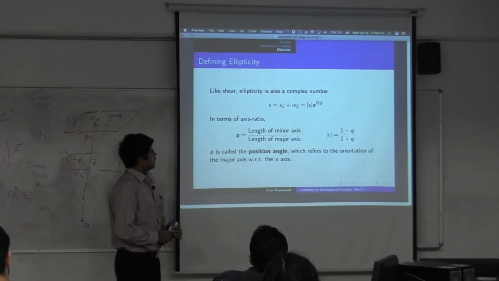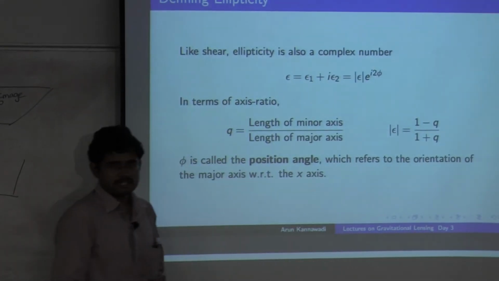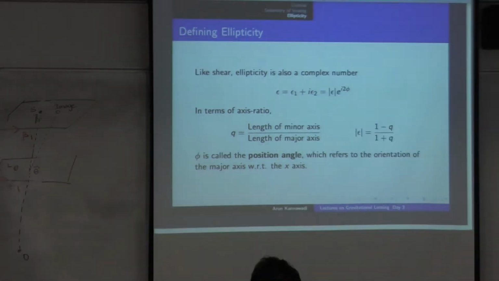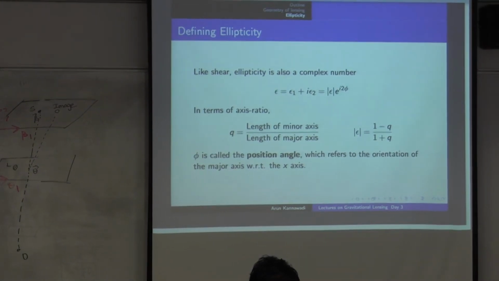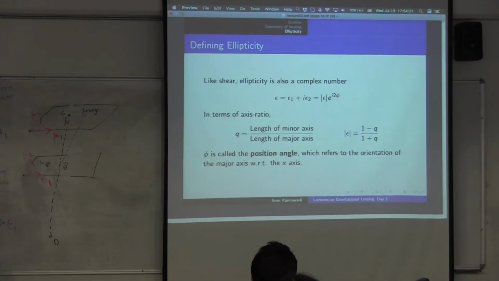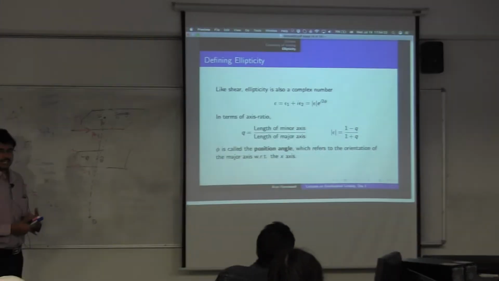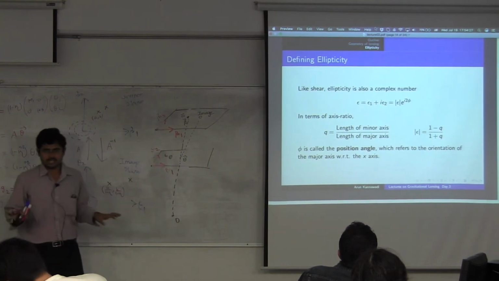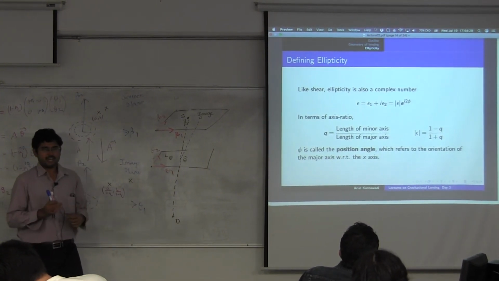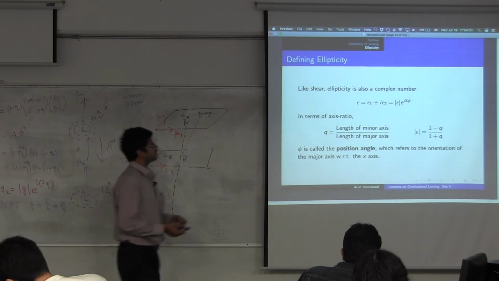The magnitude of this complex number will tell the ellipticity of the intrinsic shape itself, and phi again will tell how the ellipse is oriented. Now this is without lensing, this is just a way of describing ellipses.